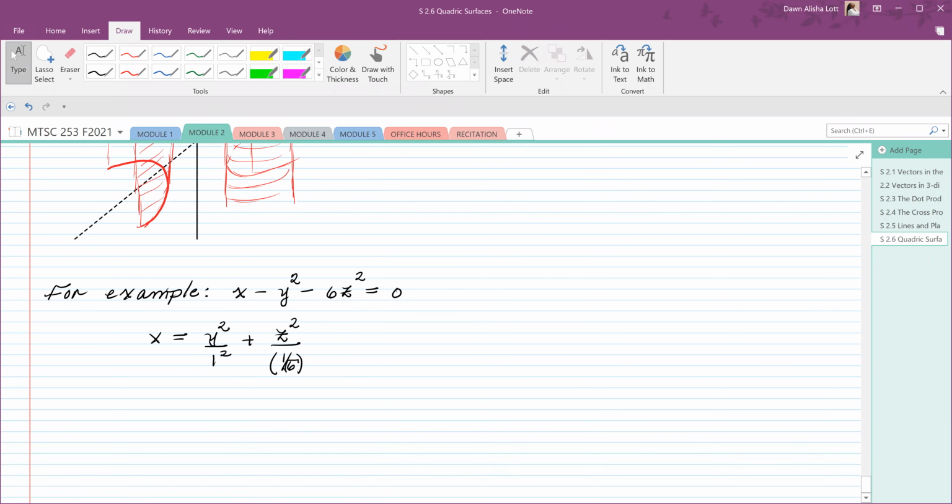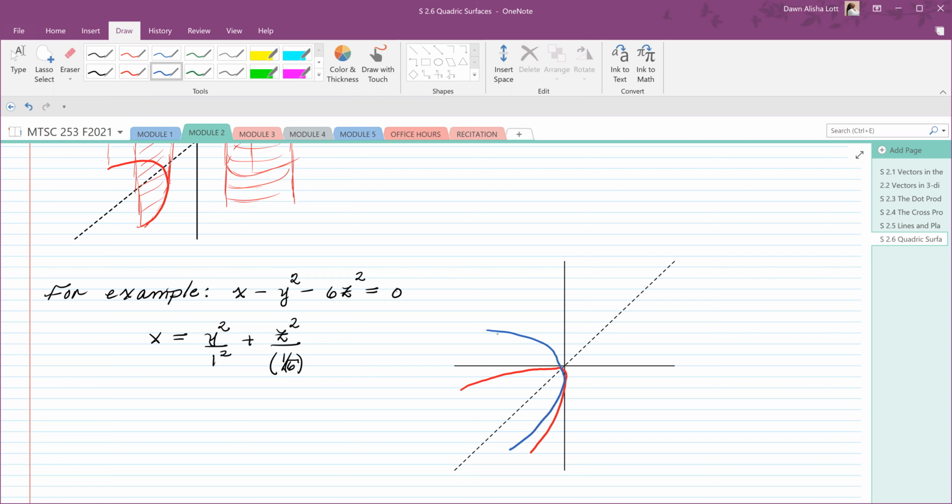It's still an elliptic paraboloid. But this one is on its side. So this one looks like this, and then this one looks like that. So it faces the X direction.